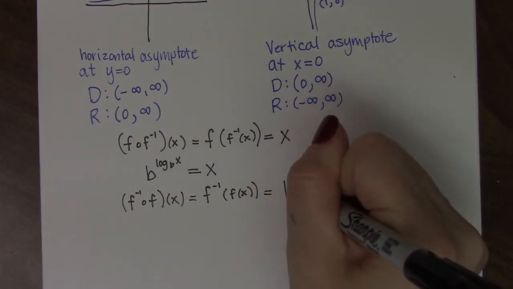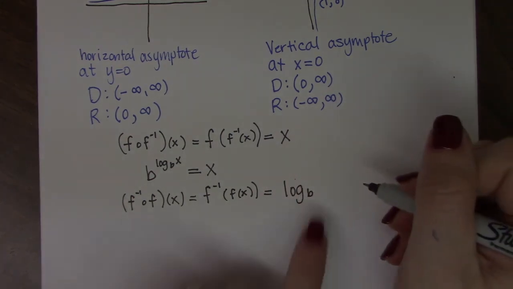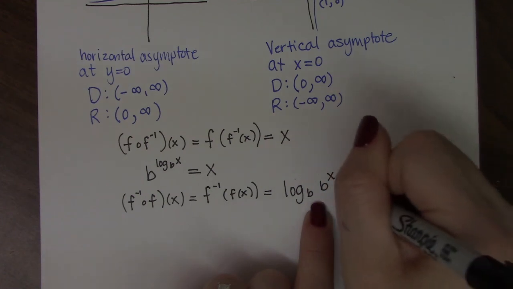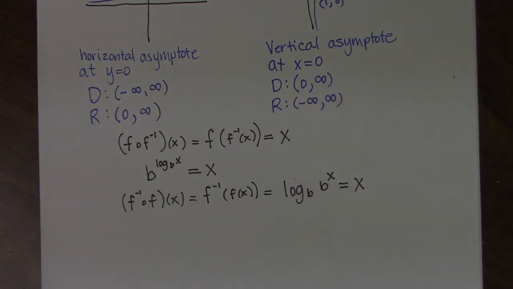So if I take log base b, and where I originally had x, I replace it with b to the x, x will come out. And this is a very useful property because this now enables us to solve equations that we haven't been able to solve up to this point. So let's look at some examples of how we would solve exponential equations using logs and vice versa.